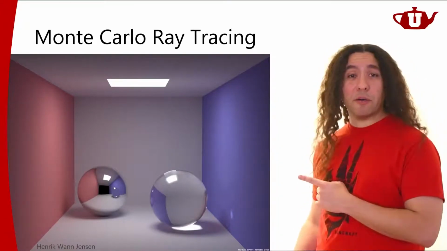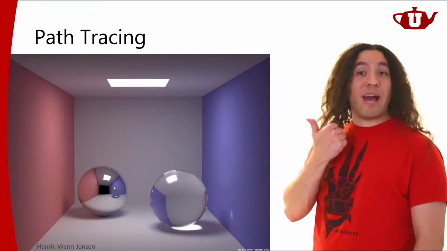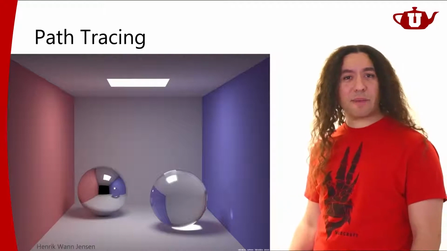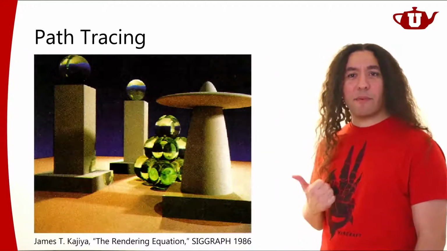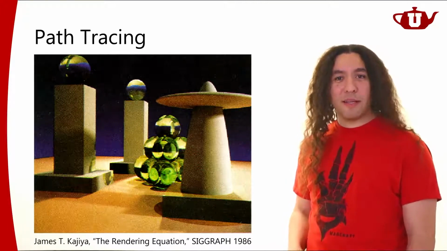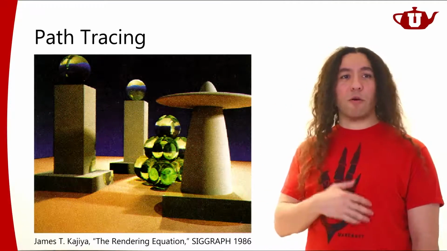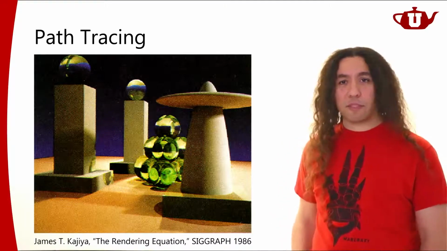More specifically though, this image was generated using the algorithm that we call path tracing. Remember path tracing? I mentioned path tracing when I showed you this image, Kajiya's rendering equation. This is the algorithm that is used today for generating all sorts of realistic images.